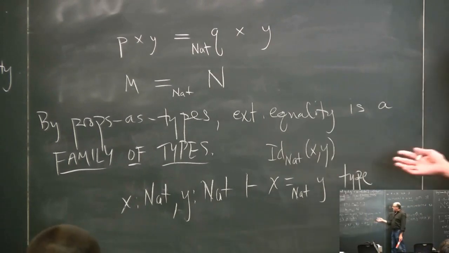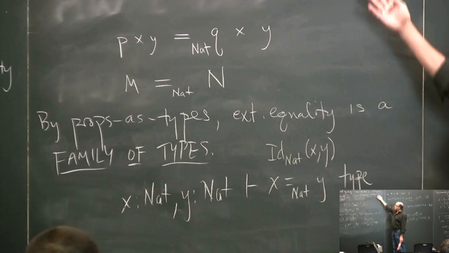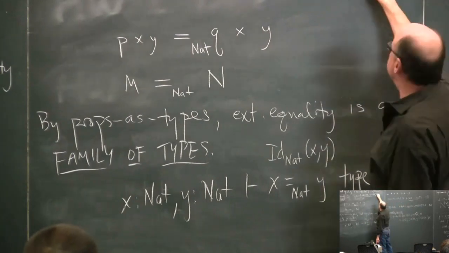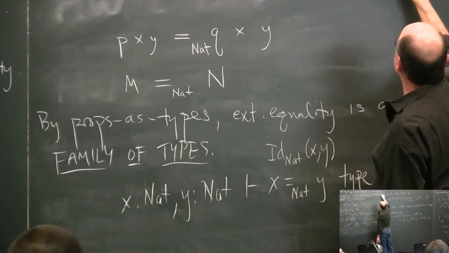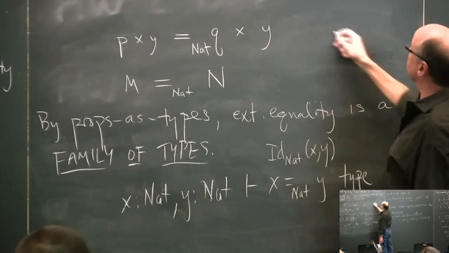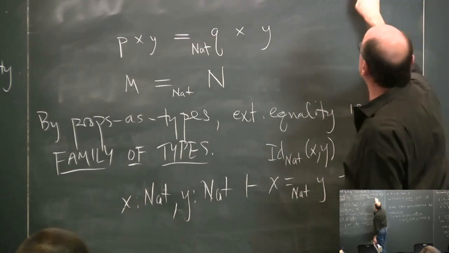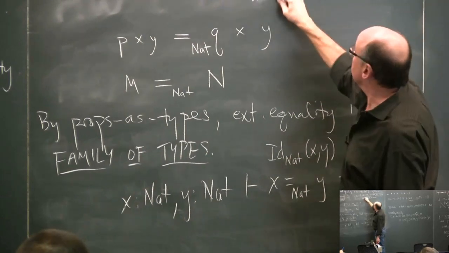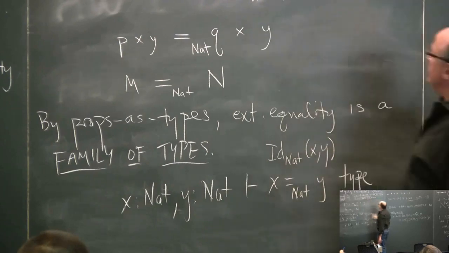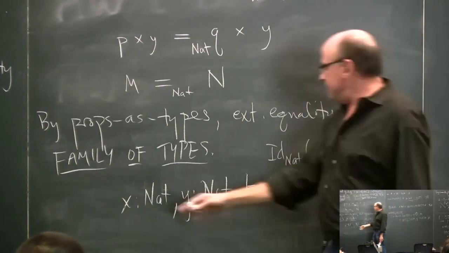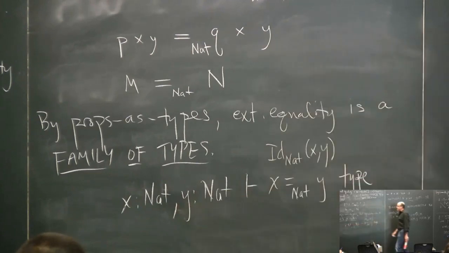So it's a proposition, a propositional function actually: a two-place propositional function, otherwise known as a binary relation. And that binary relation is a binary, or two-place, family of types.